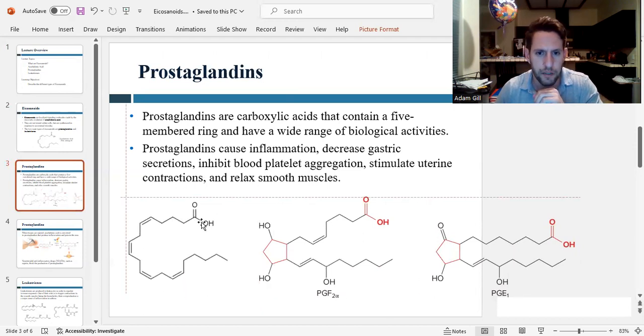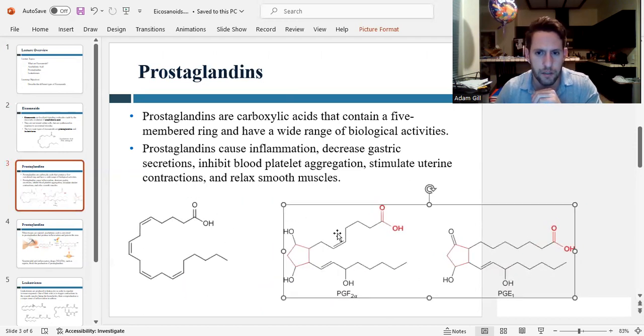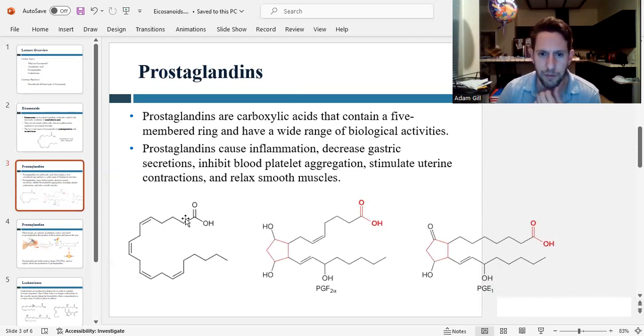And if you let your mind wander, you can almost imagine how your body would turn this into these prostaglandins. It basically takes an enzyme and clamps down here and fuses a 5-membered ring. And then this is where you get the two tails from. And then it oxidizes different parts. So same starting material for all the different prostaglandins.